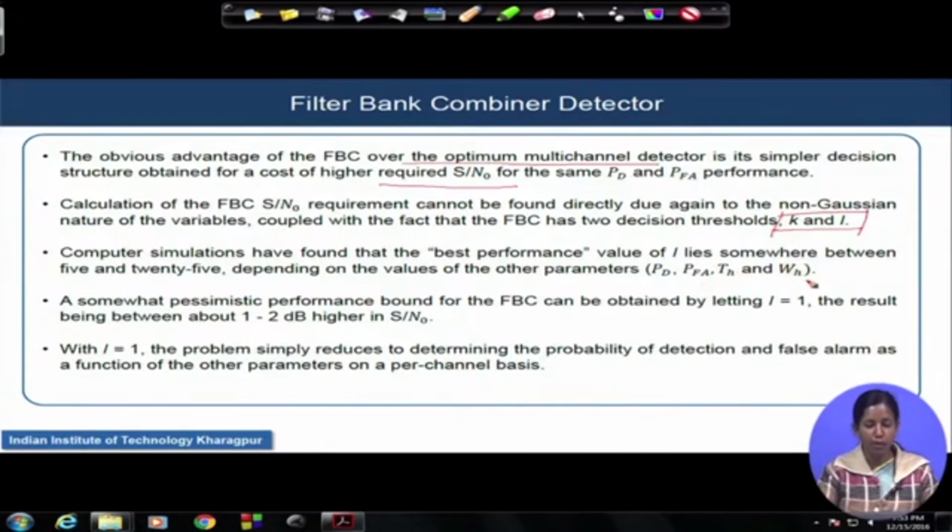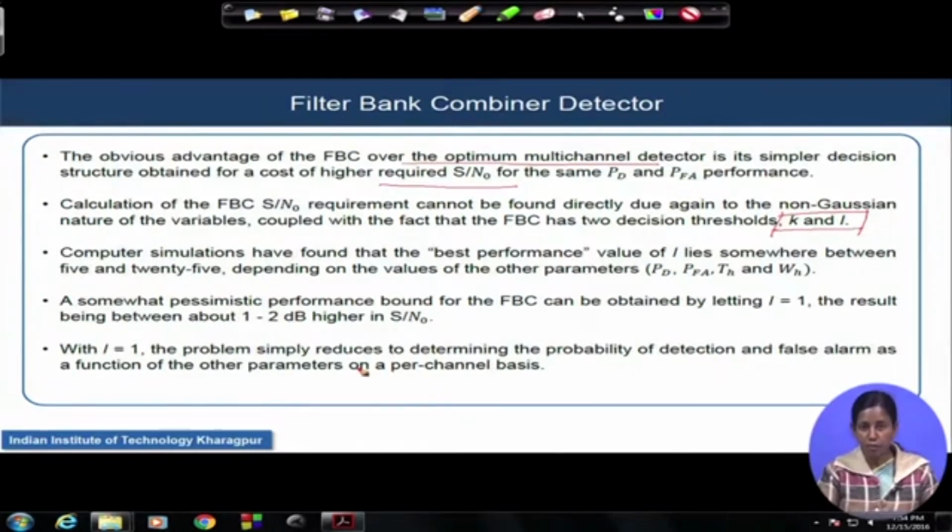Based on all these 4 parameters, L can lie between 5 and 25, and a somewhat pessimistic performance bound for this FBC can be obtained if I allow L to be equal to 1, with the result being 1 to 2 dB higher in SNR. But as we have said, L should vary between 5 and 25, and depending upon where the L value is, your SNR requirement will go up.